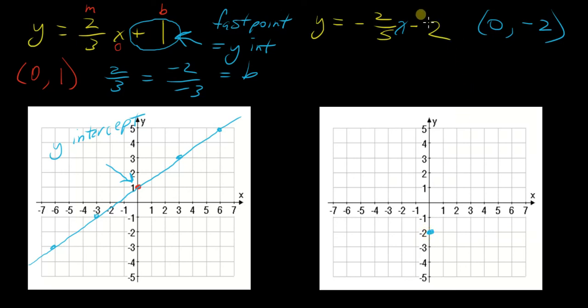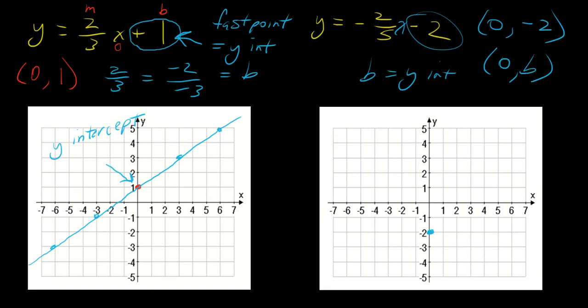It's always this number. It's always b. Always remember b equals the y-intercept. Okay, so my fast point is always the y-intercept. I make x 0. Okay, so this point is always 0 and whatever b is. That's this number. You make x 0, this is what the y coordinate is going to be.